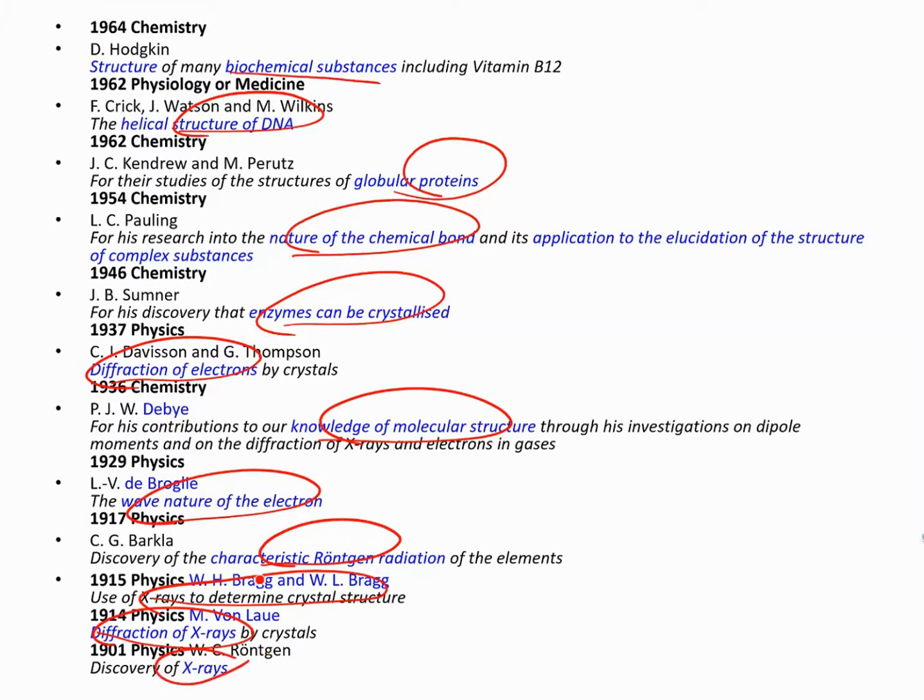So we can see there are many Nobel Prize awards which are related to X-ray crystallography. Okay, so we can see how important it is in the development of the scientific field.